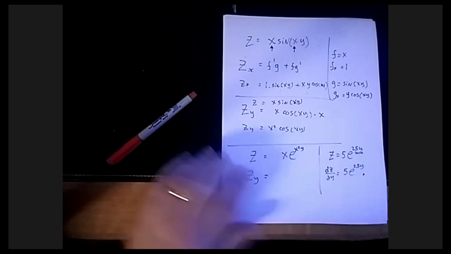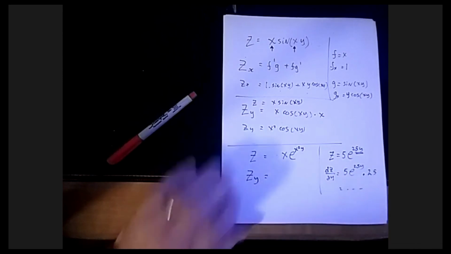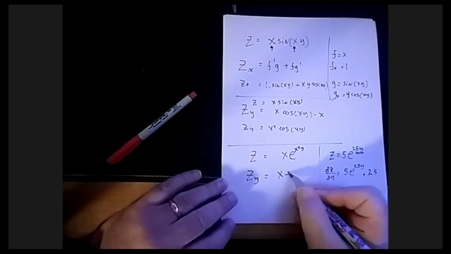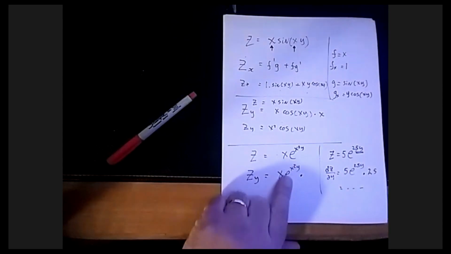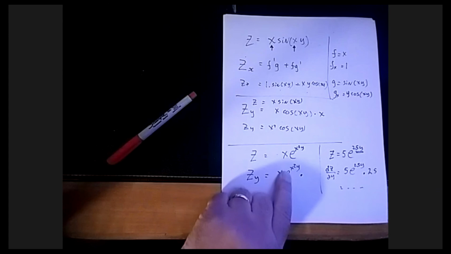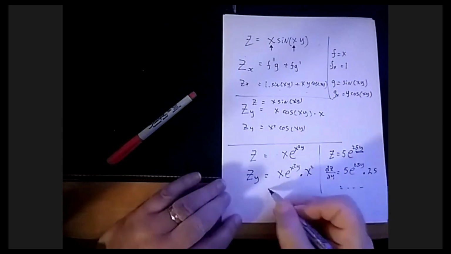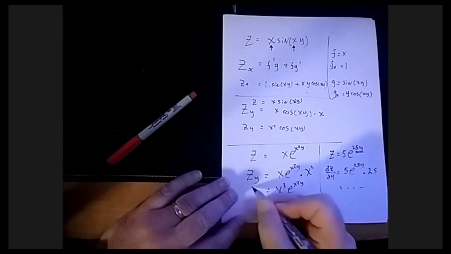Well, the derivative of 25y is just 25, and then off you'd go and you get your answer. In this case, you get x e to the x squared y times, now, what's the derivative of x squared y with respect to y? That's the part where the chain rule comes in. You get x squared. And then if I tidied this one up, it looked like that.